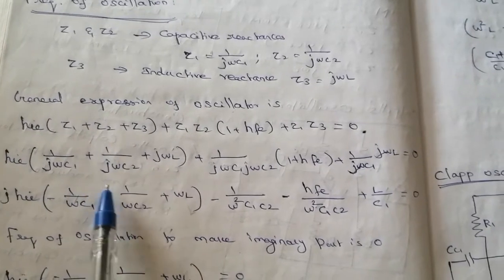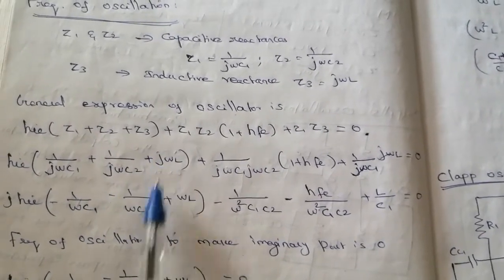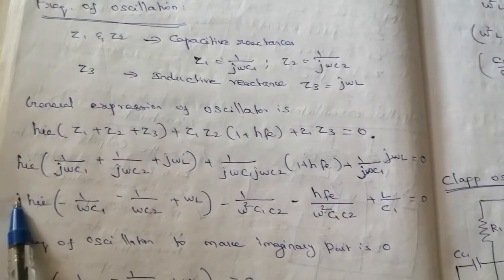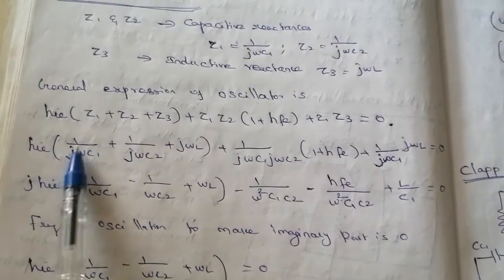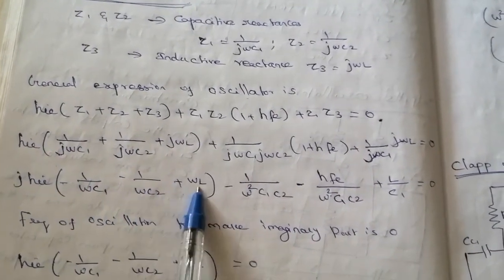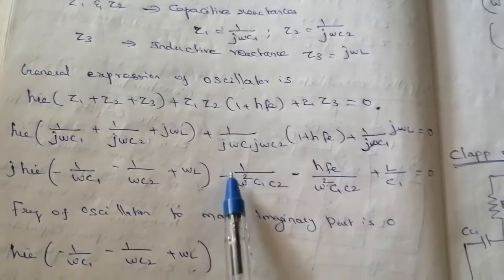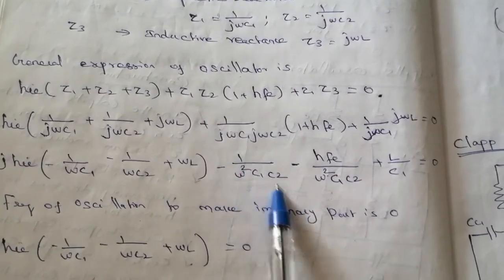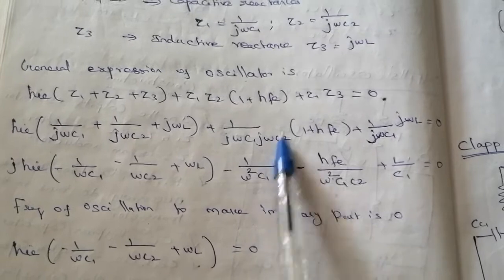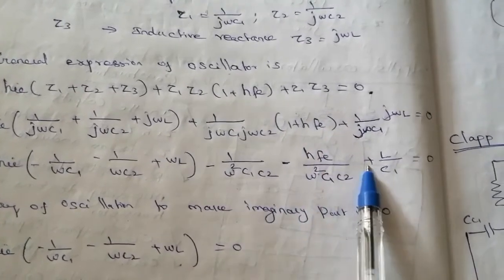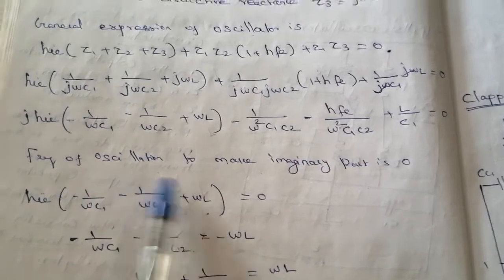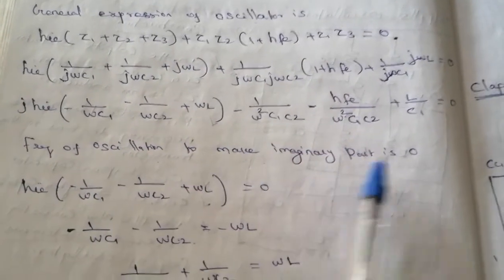So we take j common: j times HIE minus 1 by omega C1 minus 1 by omega C2 plus omega L. Then the j squared terms: minus 1 by omega squared C1 C2 minus HFE by omega squared C1 C2 plus L by C1 equals 0. For calculating the frequency of oscillation, we assume the imaginary part is 0.